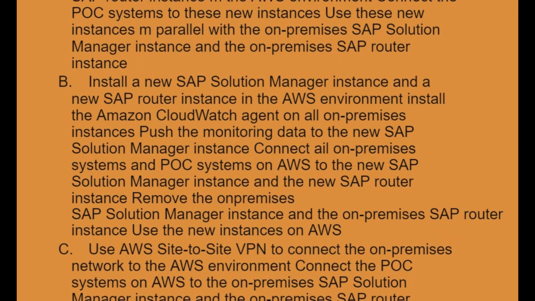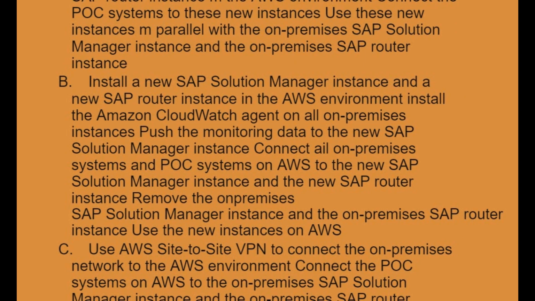Option B. Install a new SAP Solution Manager instance and a new SAP Router instance in the AWS environment. Install the Amazon CloudWatch agent on all on-premises instances. Push the monitoring data to the new SAP Solution Manager instance.